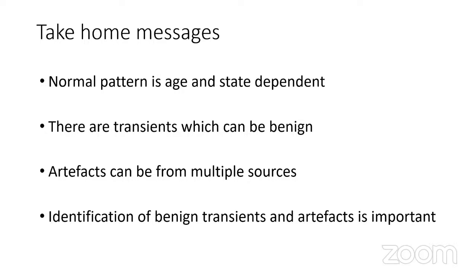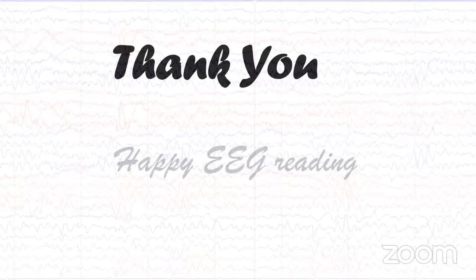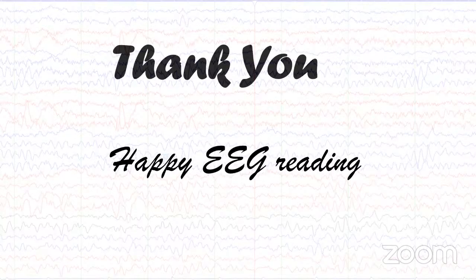If the annotations have been put as to what exactly was happening during that time, we can look at the artifacts. And this identification of benign transients and artifacts is important because on many occasions, they get mislabeled as epileptiform activities. So I thank you all, and let's have happy EEG reading.